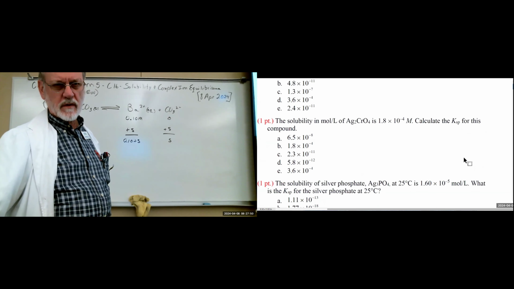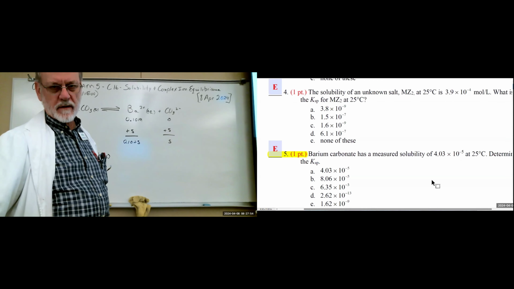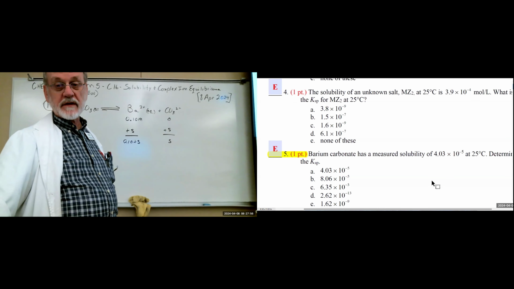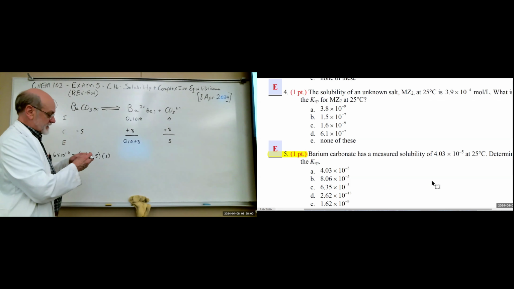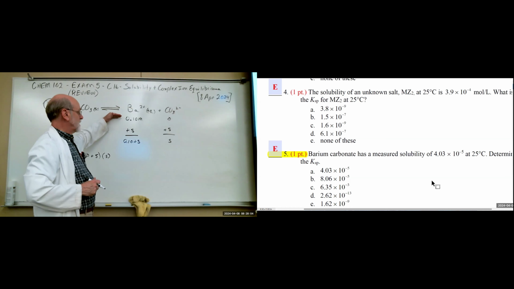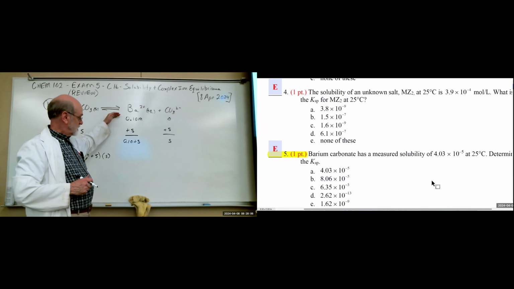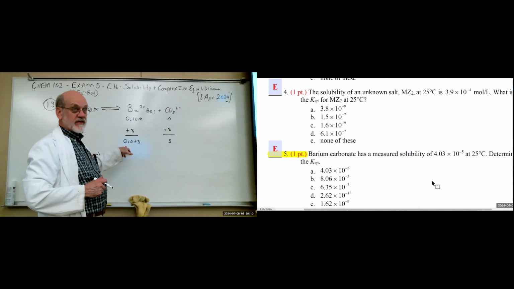Measured solubility of 10 to the minus 5. And what we know for a fact is when there's a common ion already in solution, the solubility is going to be less. So this S is going to be very, very small relative to that value.